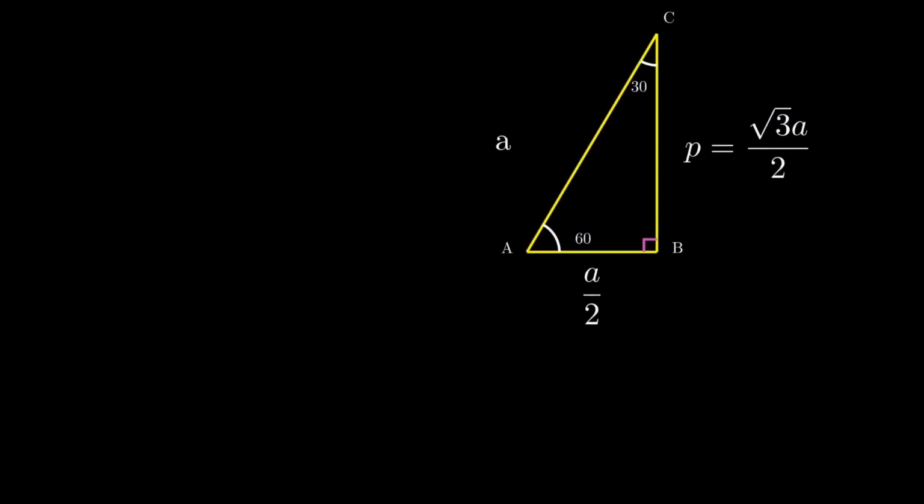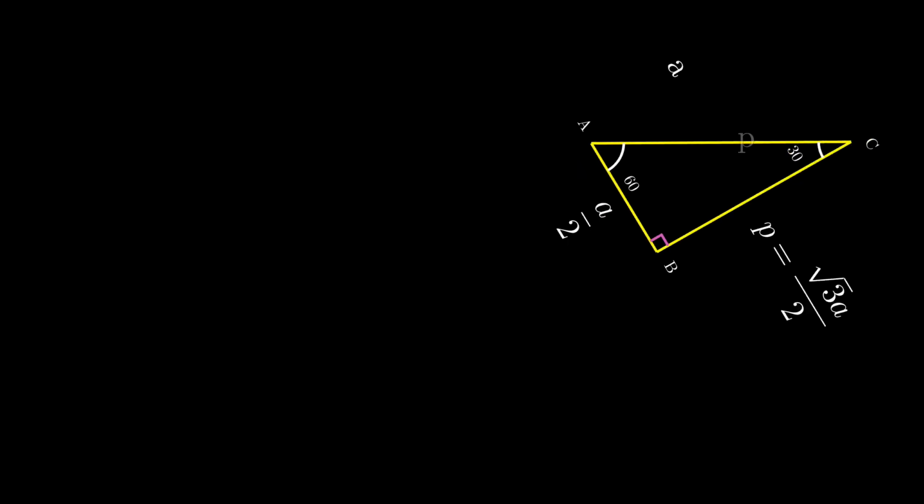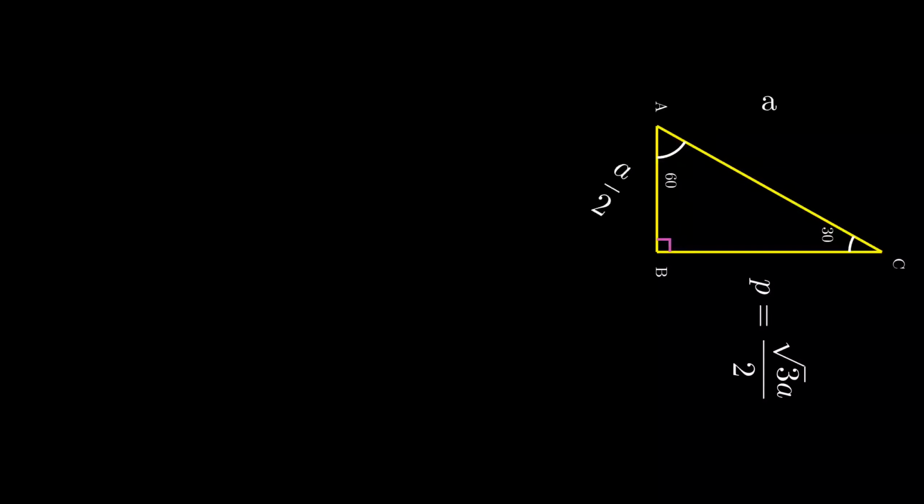Now to find the values at 30 degrees, for simplicity we rotate it by 90 degrees. Now applying the same method, we can get all the values at 30 degrees.